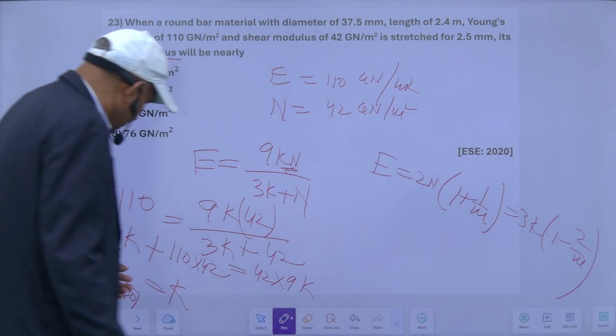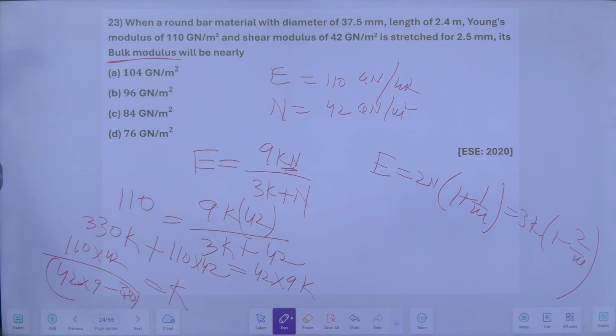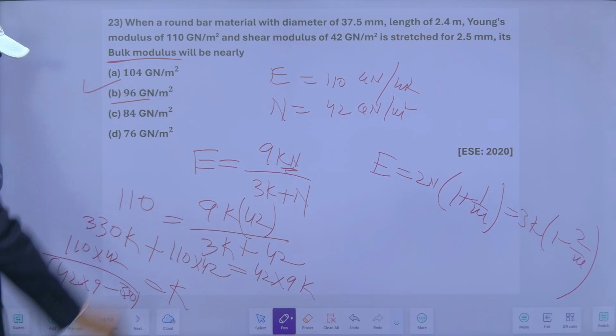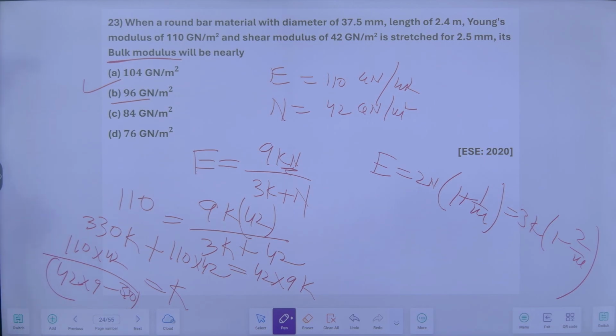Finally, if you solve this, you will get answer this one, 96 gigapascal.